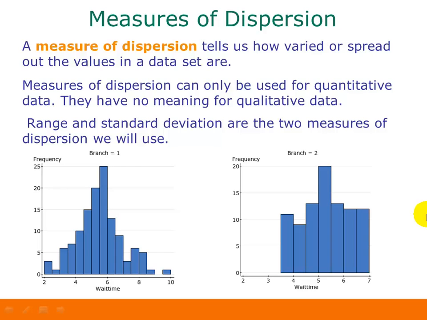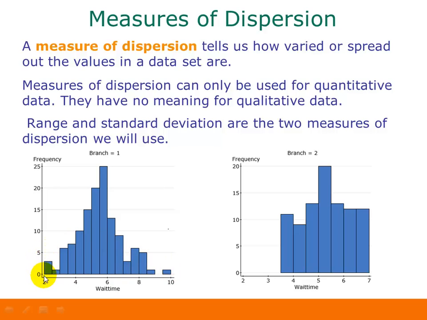As an example of measures of dispersion, here are histograms for two different sets of data. Both of these concern waiting time for customers at two different branches of a bank. So if we look at the two histograms, it looks like this histogram on the left has data values that are more spread out.